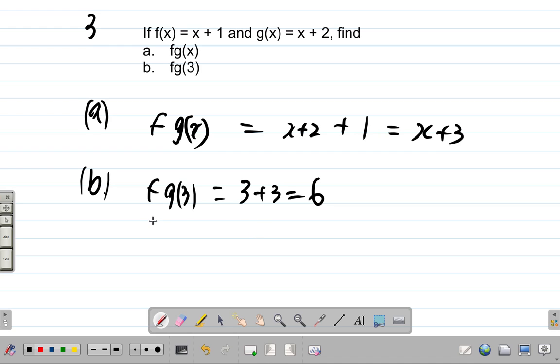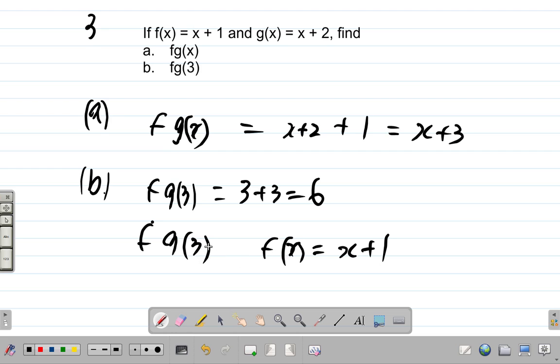But then, another way of dealing with this is to say you want fg of 3. Now, f of x is x plus 1. You see it up here.